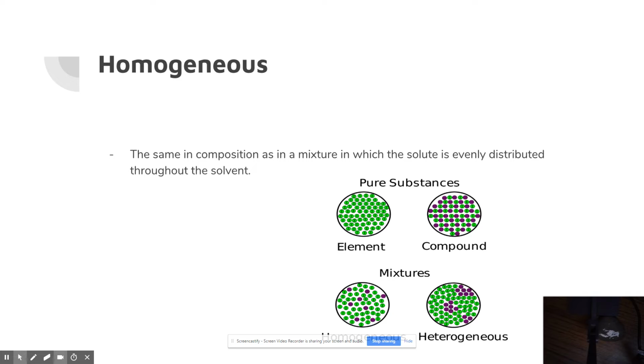So we'll say the drink powder. The powder is the solute, and it's evenly distributed throughout the water. Or let's say chocolate milk powder, and you dump a spoonful of it into your milk, you mix it up. Now it's become homogeneous. You got the exact same powder into the solvent, the water or the milk, and you're going to stir it up. Now it's evenly distributed.